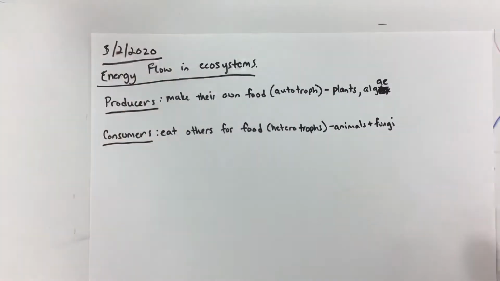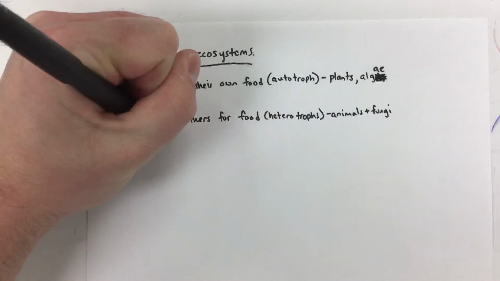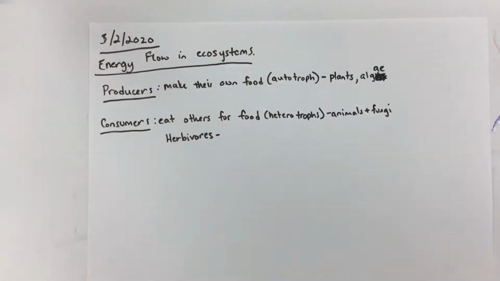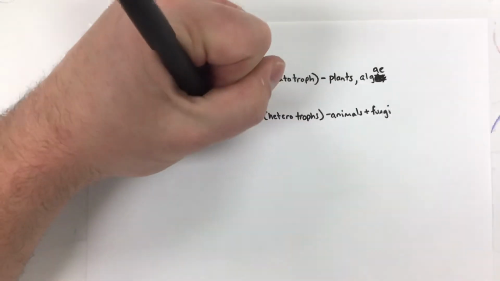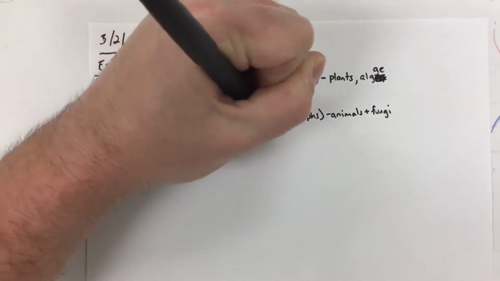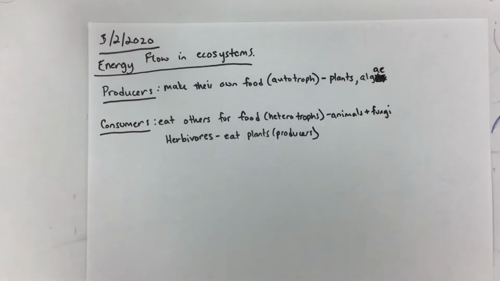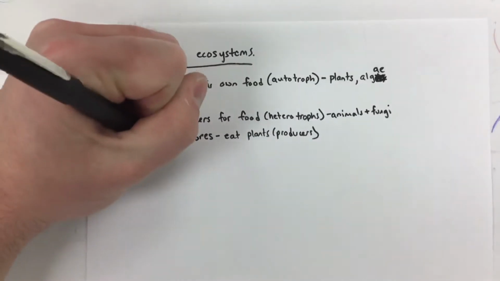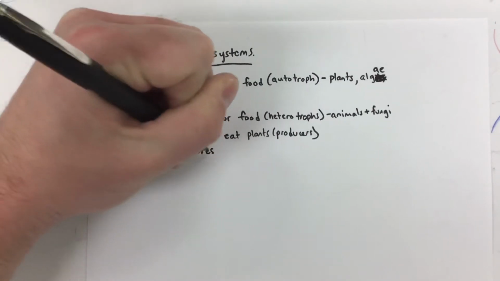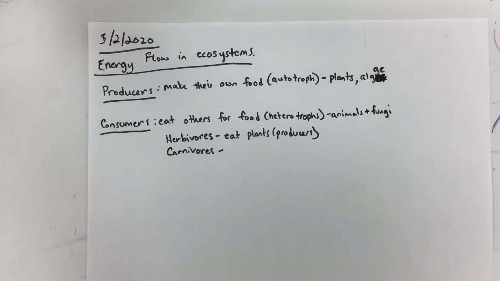All right, so the consumers that you guys need to know for the food webs, we have a list of them. So herbivores are an example of consumers, and what do herbivores eat? Yeah, herbivores eat those autotrophs, those producers that we just talked about. All right, we talked about carnivores. Those of you that speak Spanish or Latin as your primary language know what carnivore means. What does carne mean?